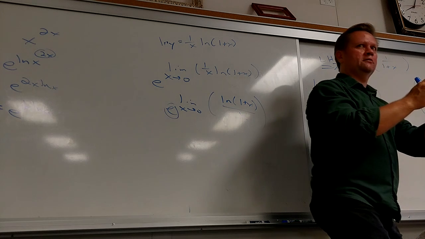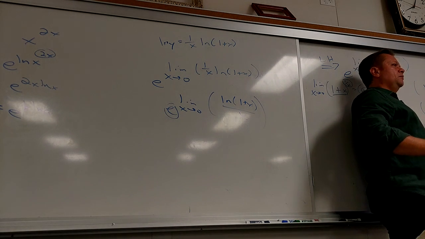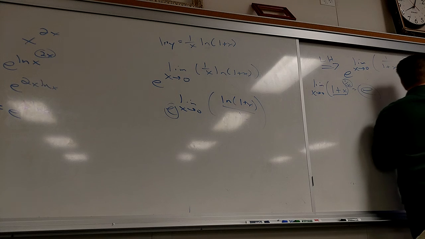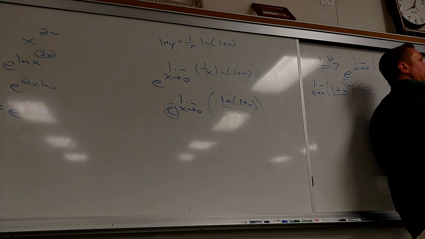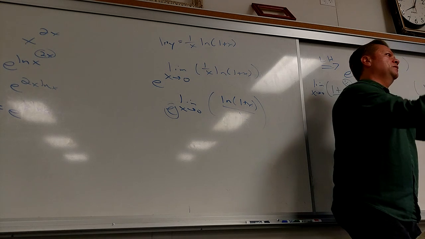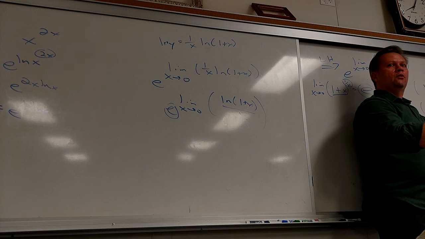Stay with me now. Why would this not be indeterminate? Because whatever this inside is, if it is going to 0, eventually it's less than 1. Stay with me now, this is kind of nifty. If the inside's going to 0, eventually it's less than 1.